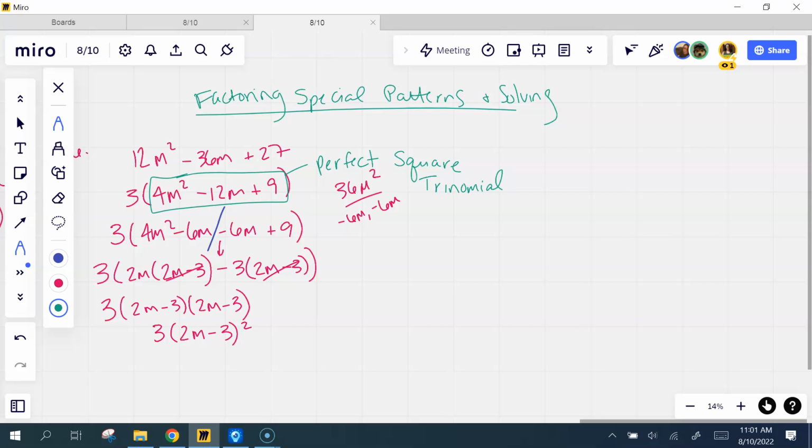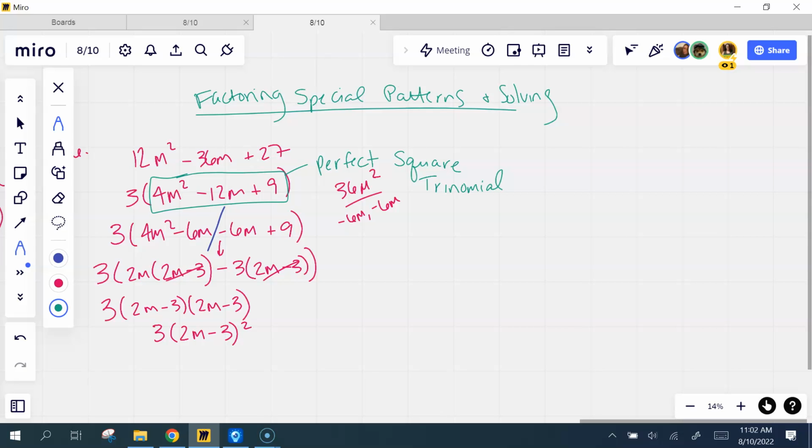I'll give you a second. Just the 4n squared minus 12n is the perfect square trinomial. Well, I mean, it's your notes, so you can put whatever in your notes you need. Yes, yes.